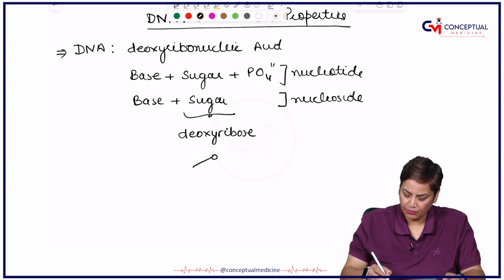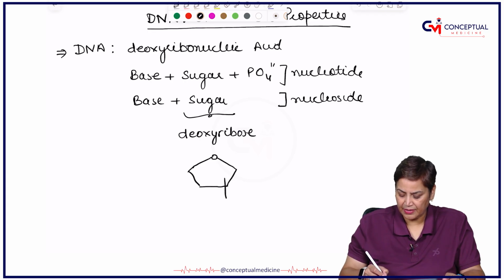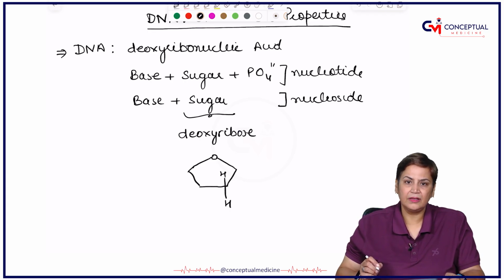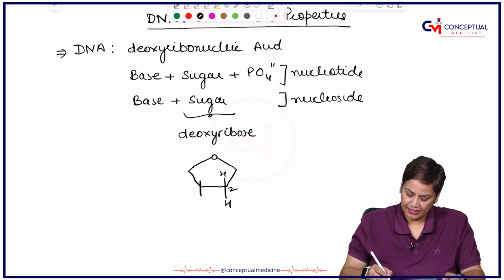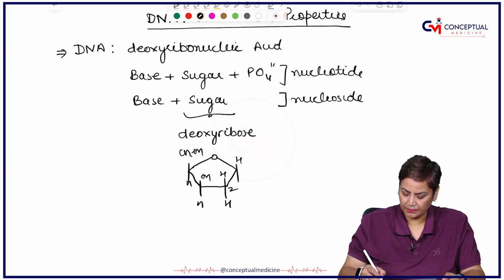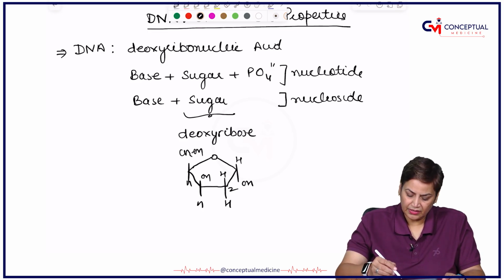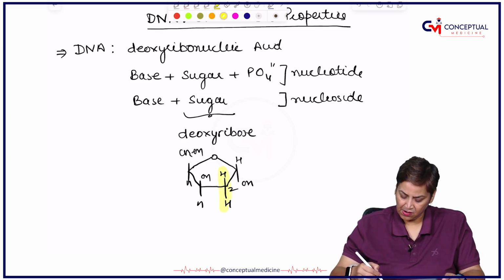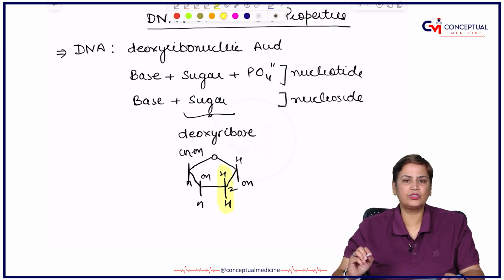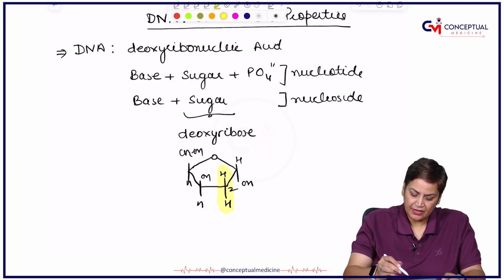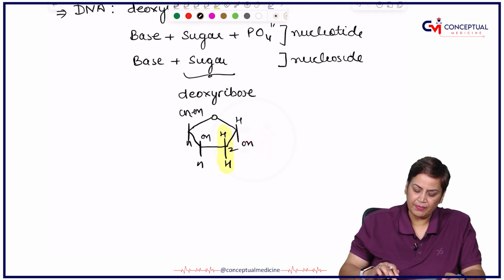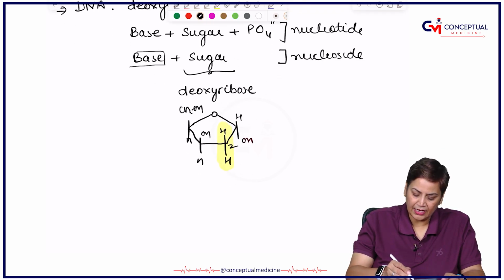And deoxyribose means obviously it's a pentose sugar, but the second carbon atom has H here. Right? Rest everything will be the same. So this represents deoxyribose sugar.